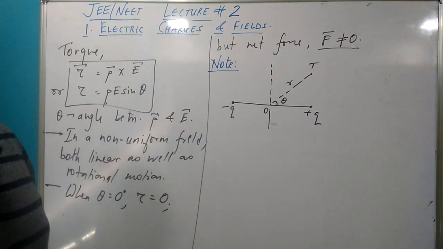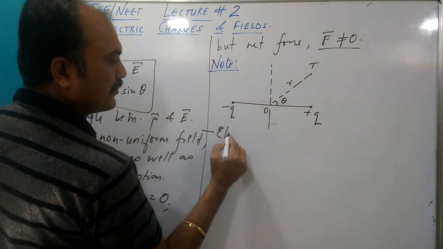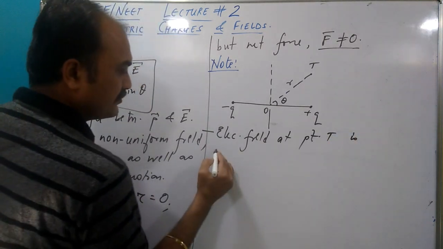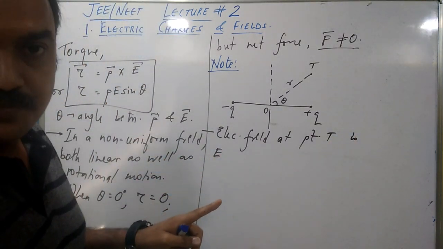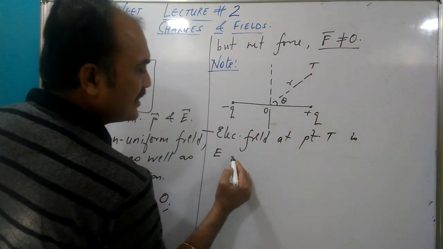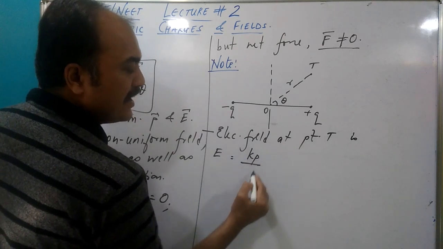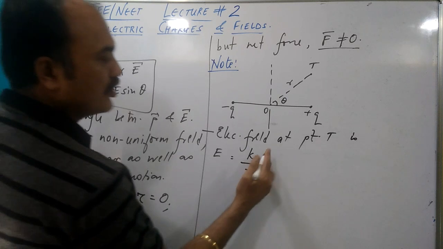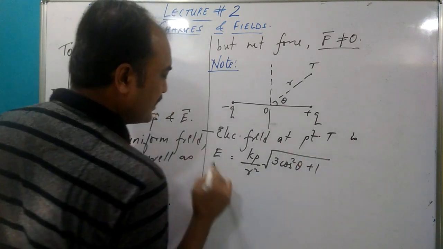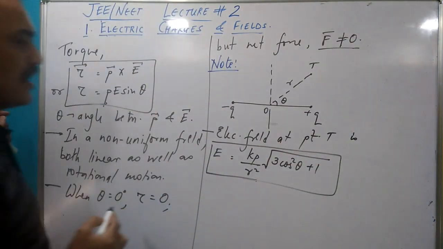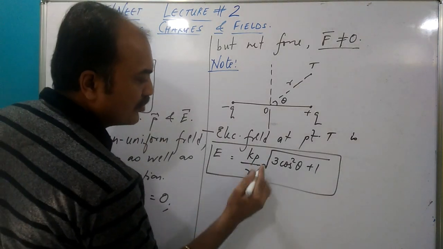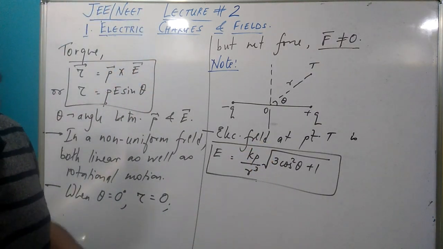Okay, if this is the case, then the electric field at point T is, now be very careful, we have to include theta in this particular equation. So my electric field E is Kp by r cube, sorry, not r square, Kp by r cube, root of 3 cos square theta plus 1.